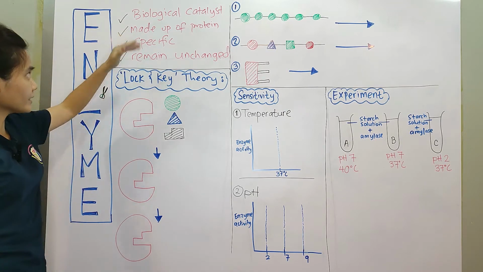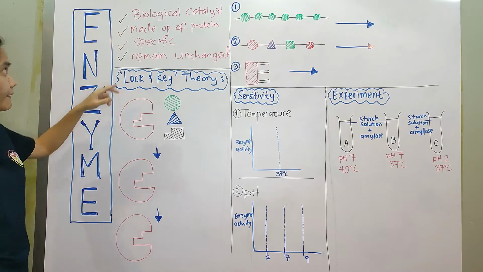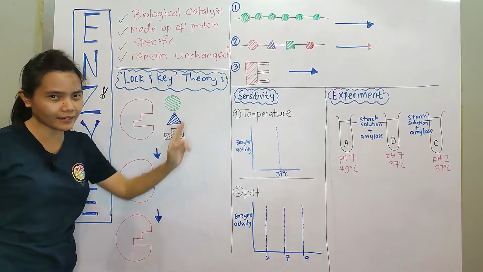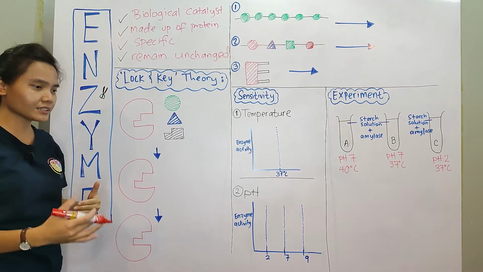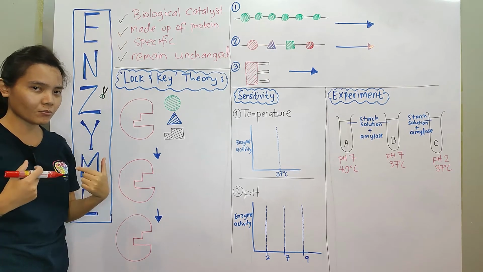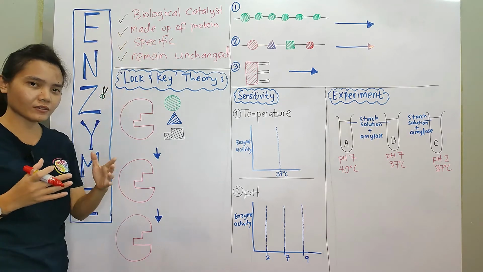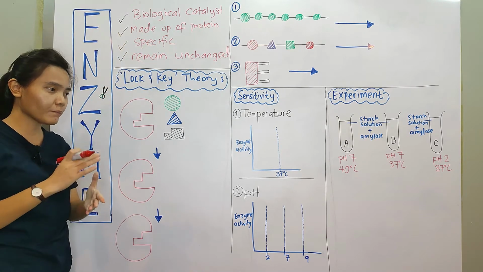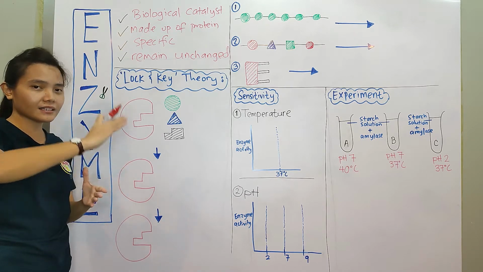So again, what are the four points about our actor today? The enzyme is a biological catalyst, so it speeds up a reaction, and this enzyme can be found inside your body. That is why it is made up of protein. Also it is very specific, so it will only break down a specific substrate. It will not break other substrates.